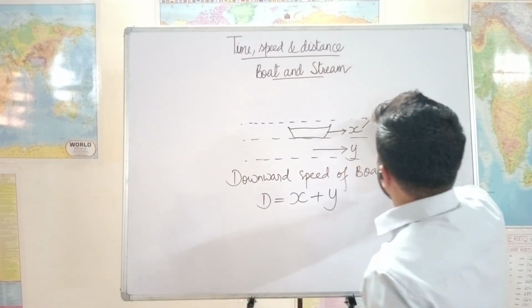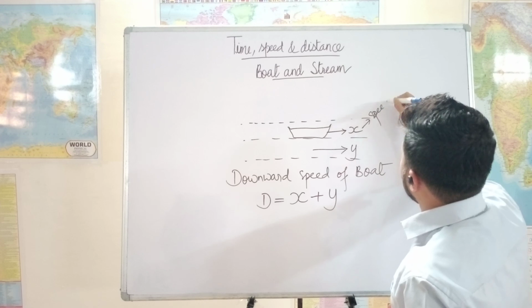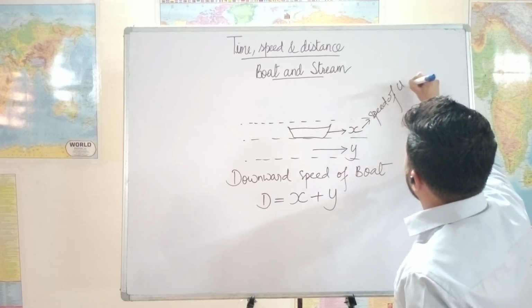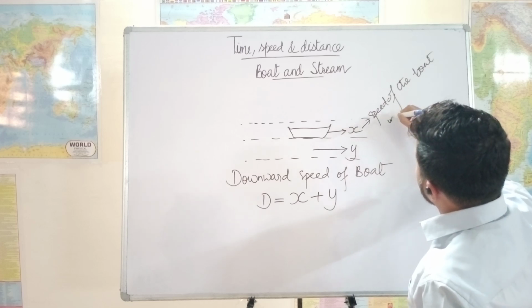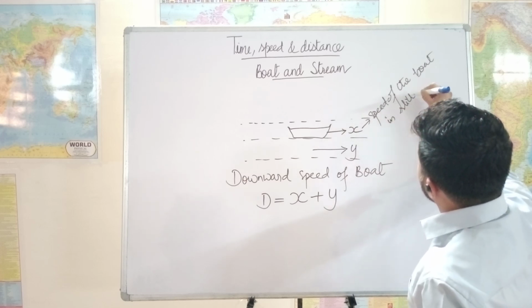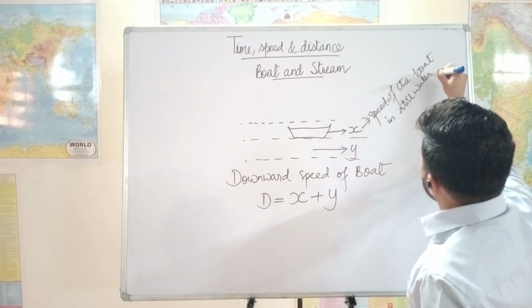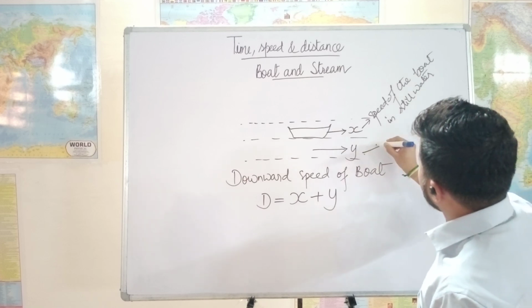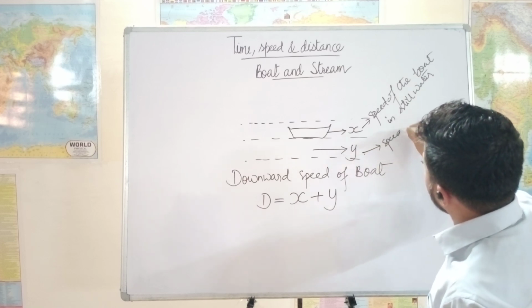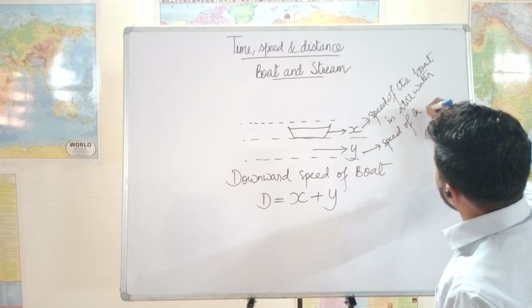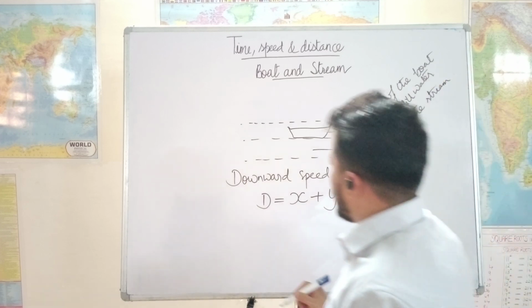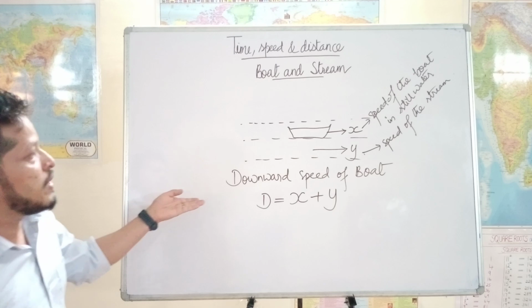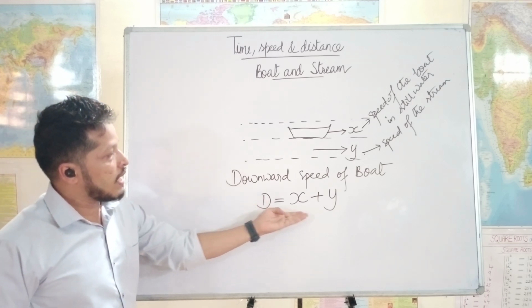What is x? X is speed of the boat in still water. And what is y? Y is speed of the stream. Now we have downward speed as x plus y.